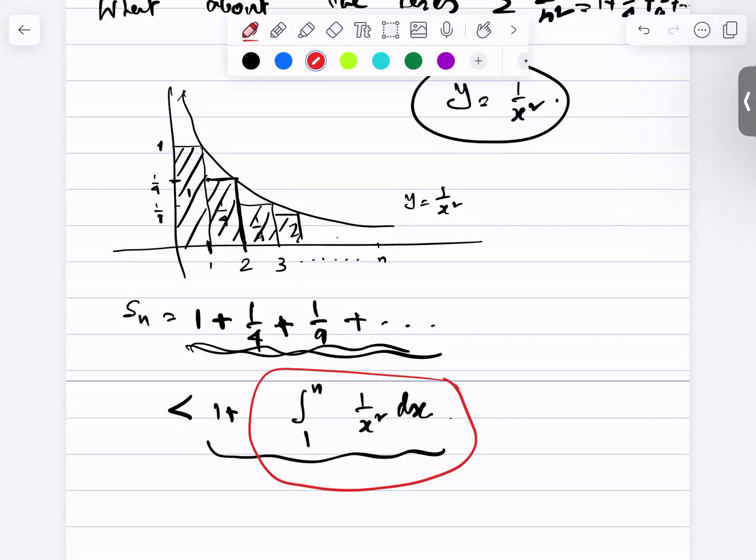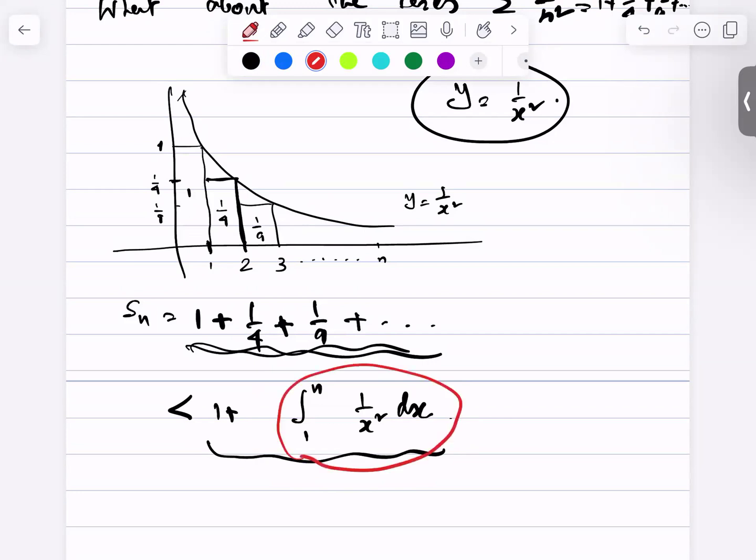this thing is, let me just clear it out a bit. So start from 1, so this area. And obviously 1 is there, so therefore I'll also include this.